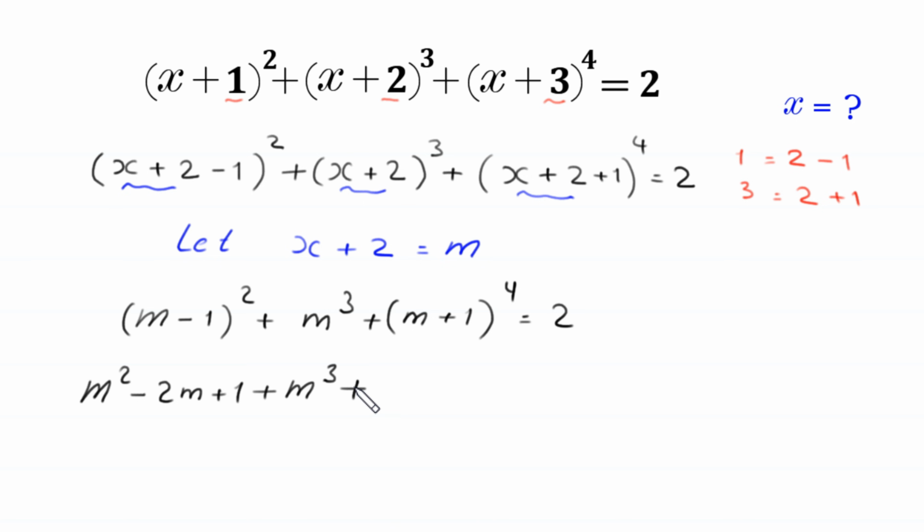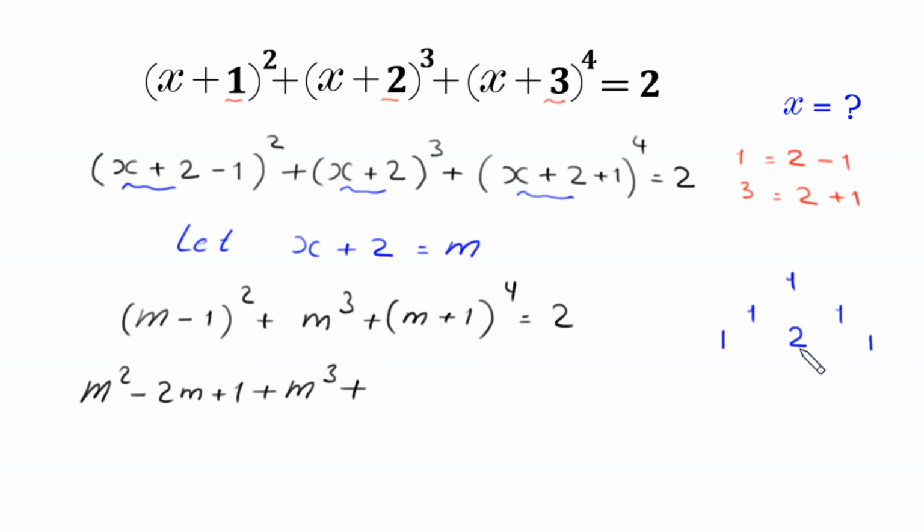Plus, now to expand this (m + 1)⁴, we use Pascal's triangle. We write here 1, and in the second row we write 1 and 1. In the third row, add this one and this one, we get 2, and we write 1 here and 1 here.